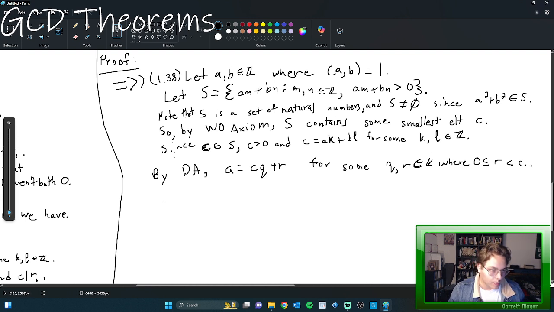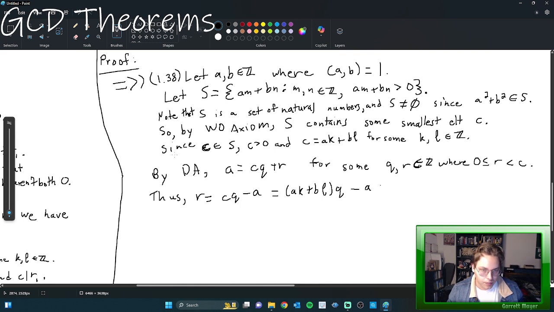And this means r equals cq minus a, which equals (ak plus bl)q minus a, which ultimately, if we distribute all this out and then refactor stuff out, we'll get a(kq minus 1) plus b(lq).